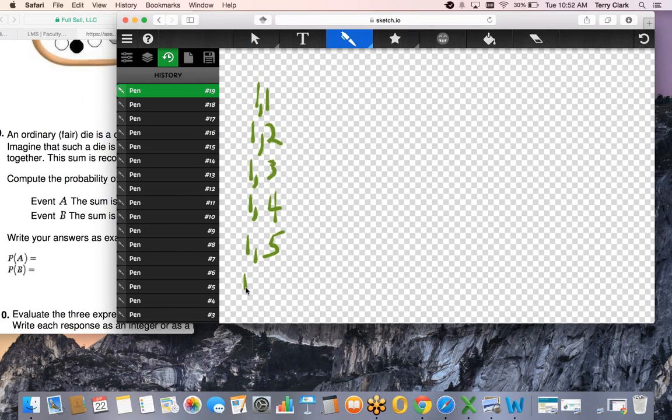All I'm saying is that I could roll a 1 on the first die, and then I could roll a 1, 2, 3, 4, 5, or 6 on the second die. Because the first die is what it is, but then the next die could be any of the 6.